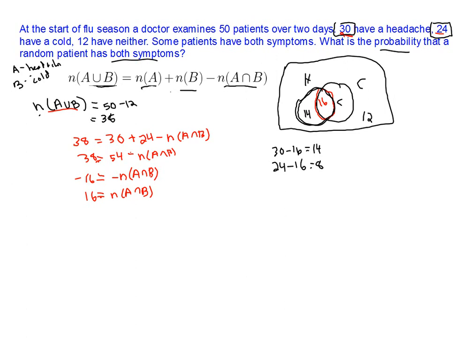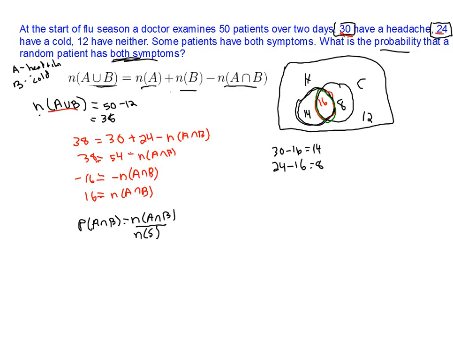Again, we didn't have to do that for this question. Remember, the question asked, what is the probability that a patient has both symptoms? Well, both symptoms right here in the center of the diagram, that overlap. So the probability then is just the number of ways that that can happen. So the probability of having a headache and a cold is equal to the number of ways we can have a headache and a cold divided by the total number of people in this case.